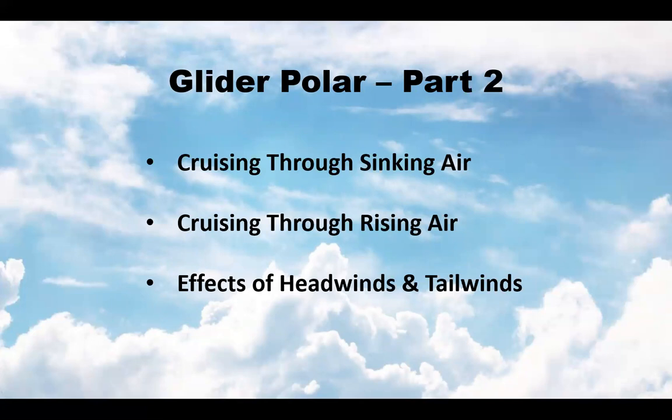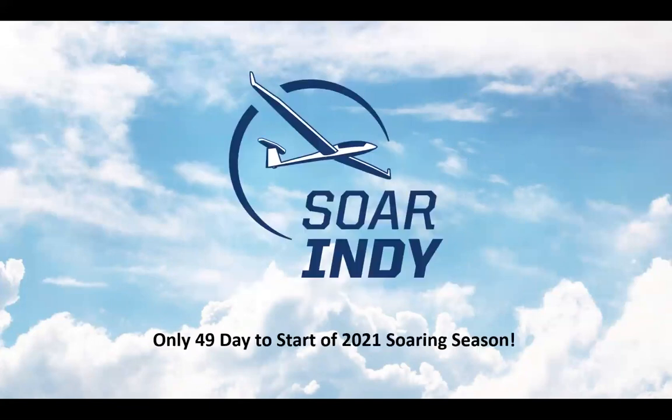And you can construct, using the chart, a little speeds to fly to put on your knee board, so you'll know what to do approximately in the air that you're in. So that's all I got on this right now.